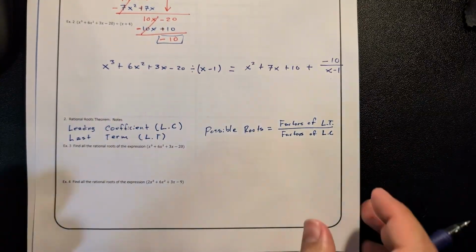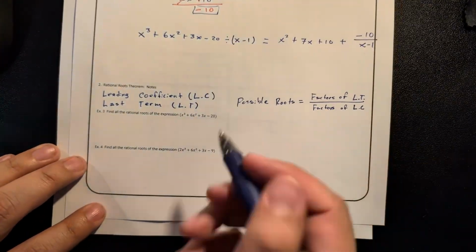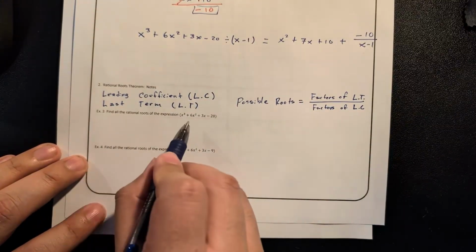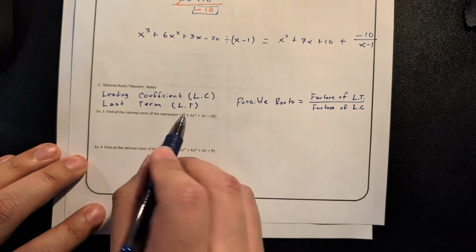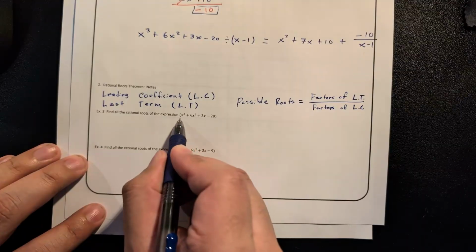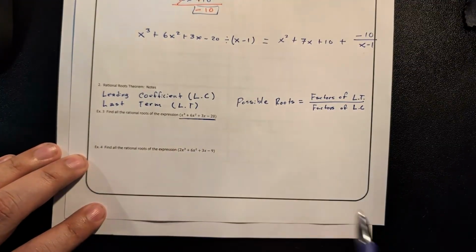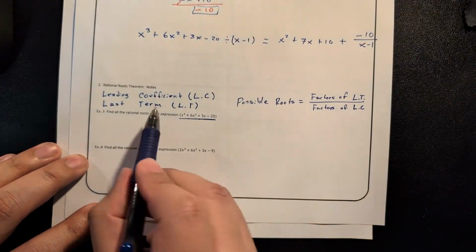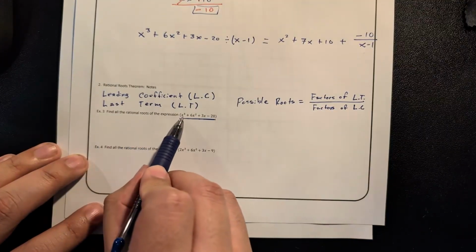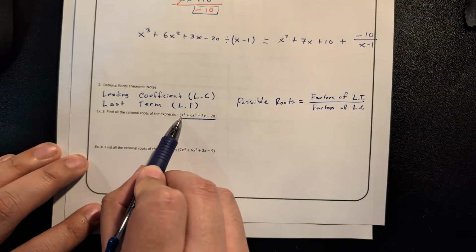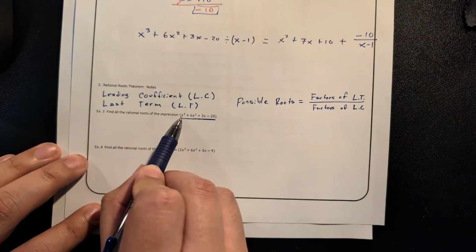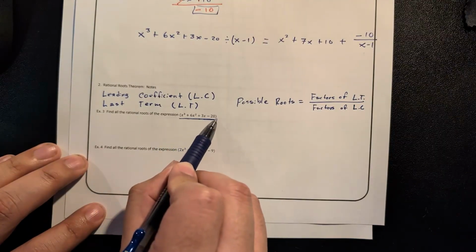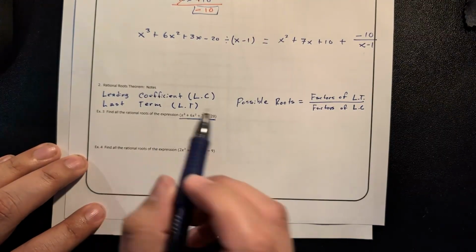Okay, so here, example 3. What is the leading coefficient of this expression? The leading coefficient will always be the number next to the highest power. Since it's in decreasing power, we just need to look at the first one.